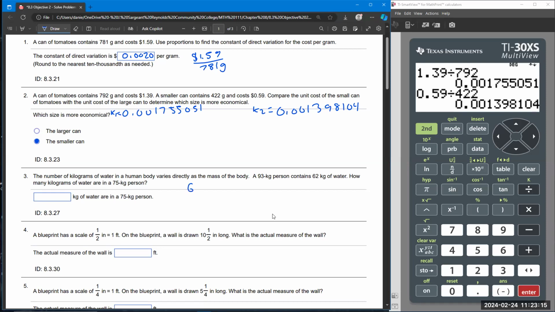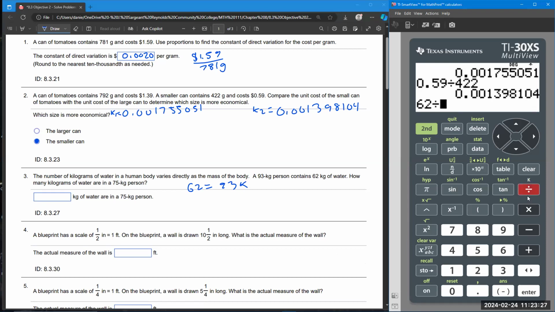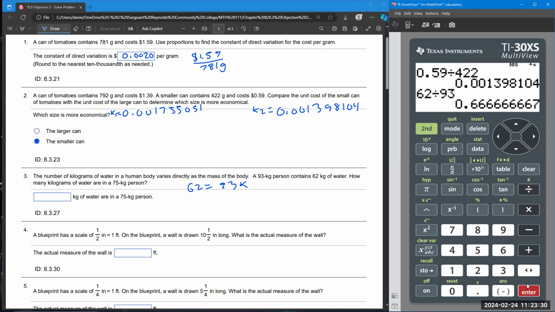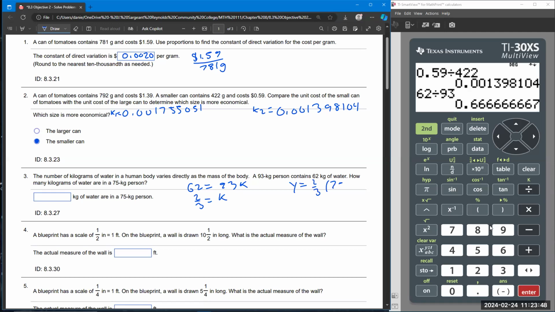So 62 equals 93K. 62 divided by 93 is 2/3. 2/3 equals K. And then we want to say what is the amount of water in a 75 kilogram person.